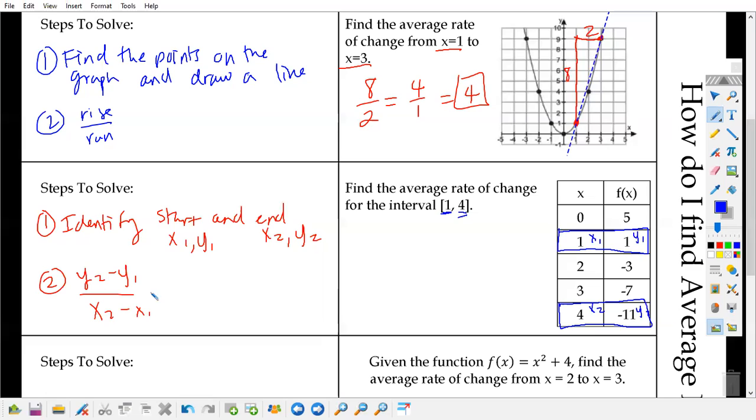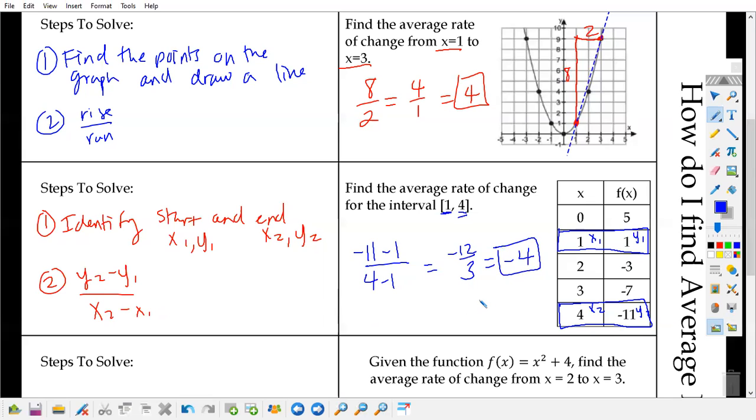And step 1's done. Now step 2 says to plug in. So we have y2 minus y1, so negative 11 minus 1 over x2 minus x1, so 4 minus 1. That gives us negative 12 over 3, which equals negative 4 over 1, which is just negative 4.